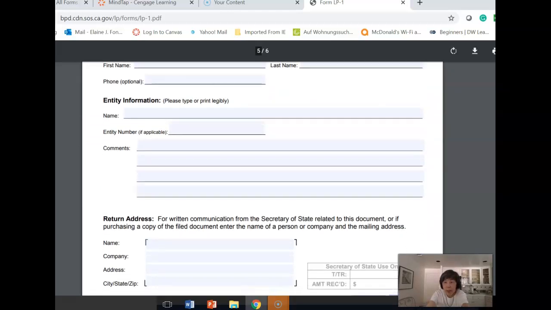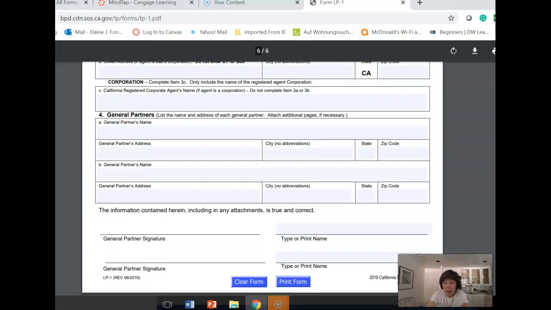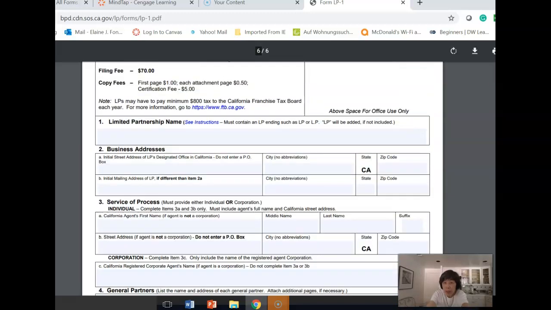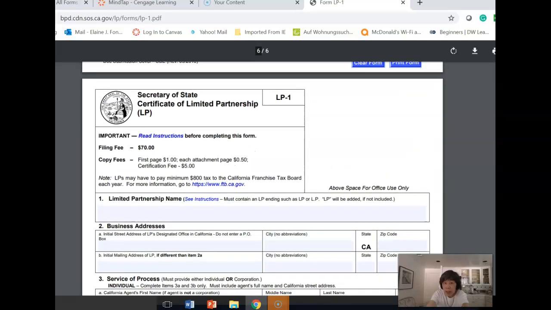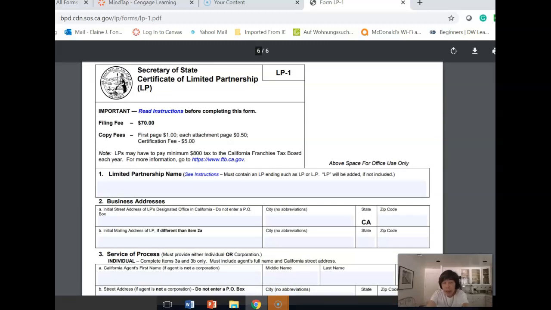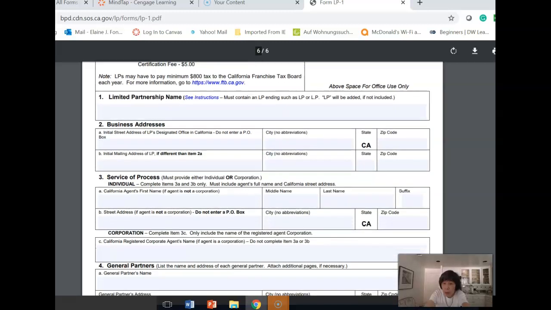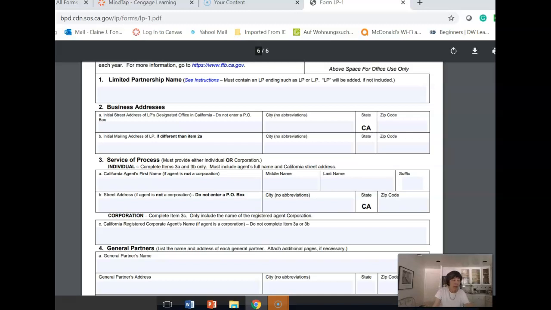These are just some preliminary things you have to provide. Here's the actual form itself, and it is a single page. You'll note that it just asks for some simple information. Name of the limited partnership, what's your address. You've learned about service of process in 12A. Service of process refers to who will receive any legal documents on behalf of the limited partnership.